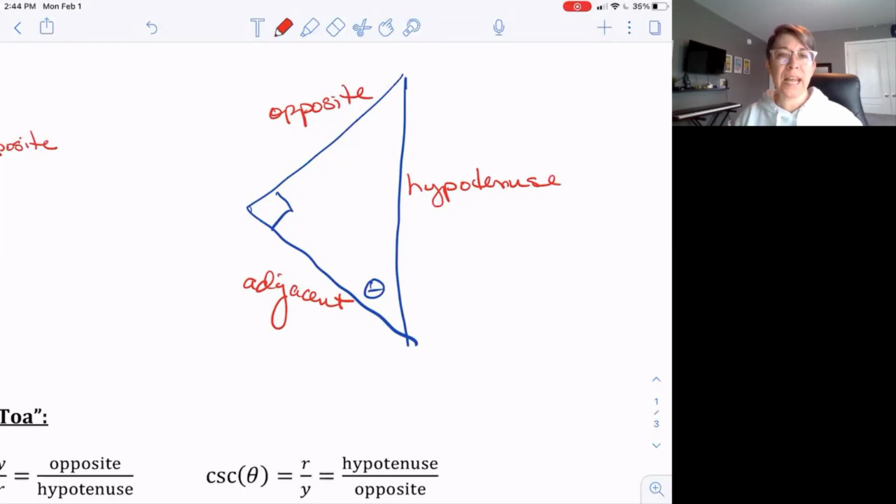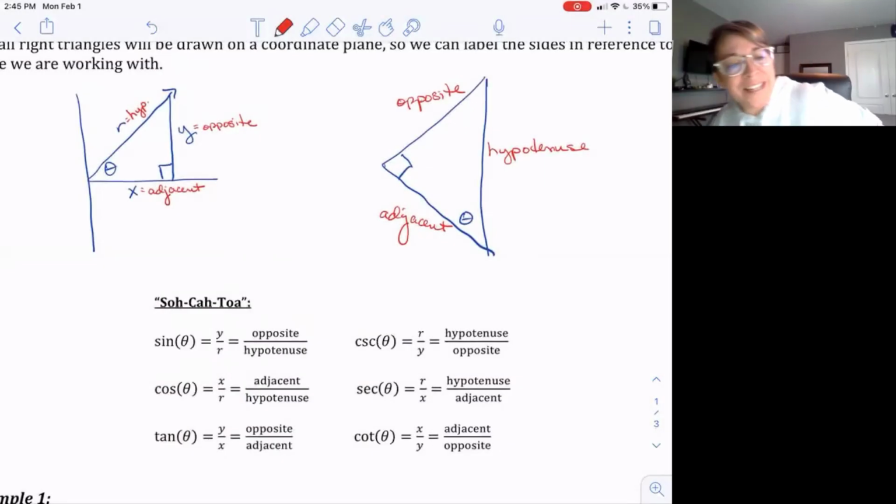So we're going to take our ratios that we know, the Y over R, X over R, and we're going to convert them in terms of opposite, adjacent, or hypotenuse. So keeping those pictures handy, let's look at sine theta, which is Y over R. So Y is the side opposite of theta. R is always our hypotenuse. So sine, we can refer to as opposite over hypotenuse.